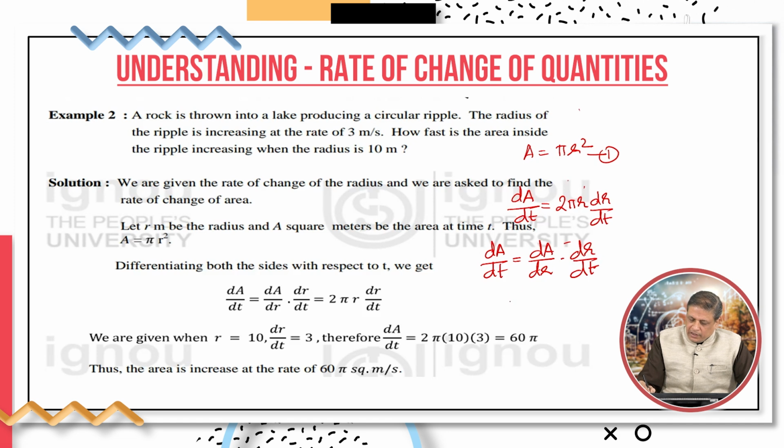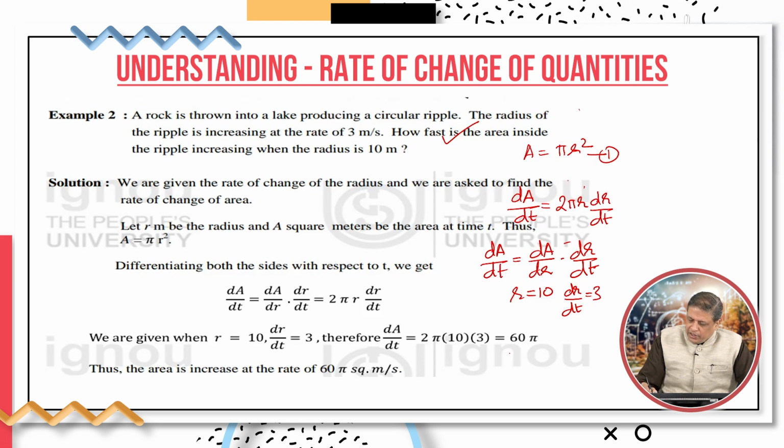And we are given that r is equal to 10 units and dr by dt is given to us as 3. So, by substituting, we are asked how fast the area inside the ripple is increasing when the radius is 10 meters.